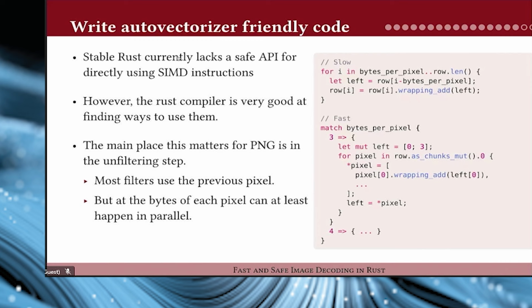Instead, and this comes at a cost, we can have different implementations for every possible value that an image file might have. And we know from the PNG spec that there's not very many of them, so it's tolerable.